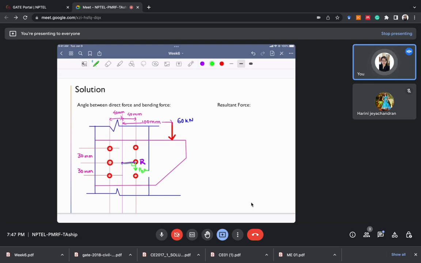And another thing is, it should rotate the system in the same direction in which the applied moment is. In this case, the applied moment is trying to rotate the system in clockwise direction, so all the bending forces will be aligned accordingly. For example, let me draw here. So here PDR will be like this, and PBR will be like this.